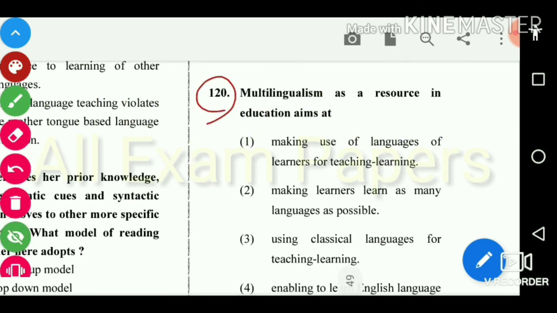Next question is, multilingualism as a resource in education aims at? Option first is making use of language of learners for teaching learning. Second is making learners learn as many languages as possible. Third is using classical languages for teaching learning.